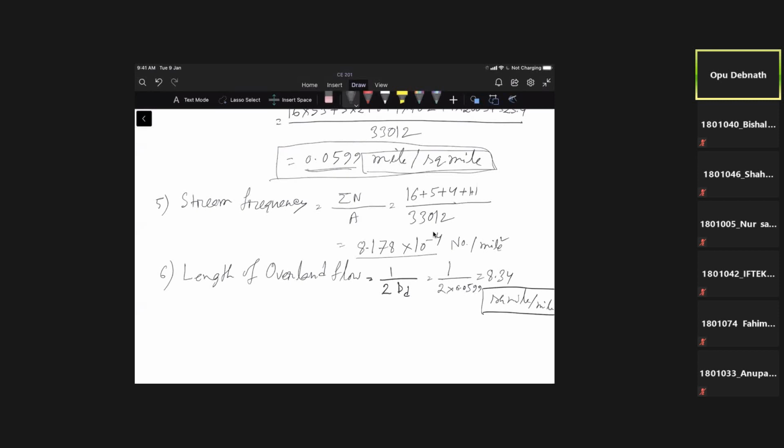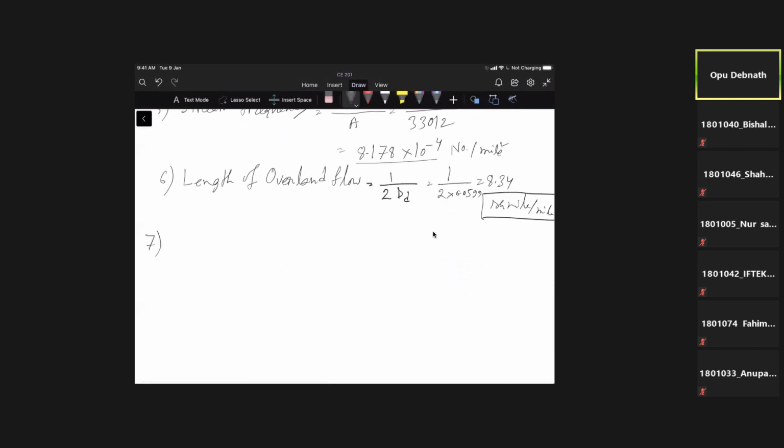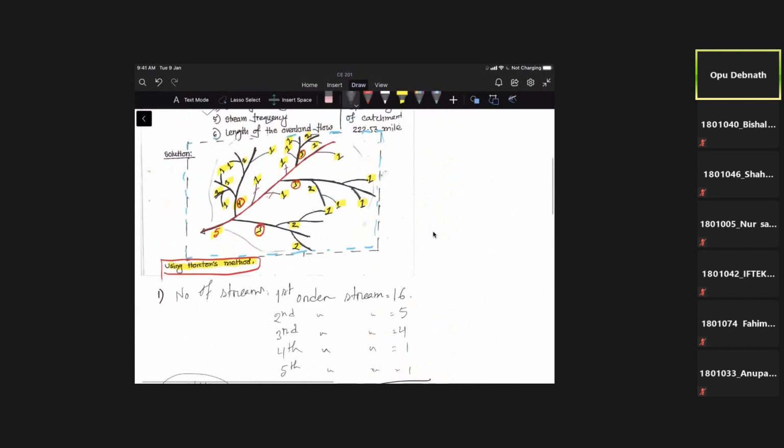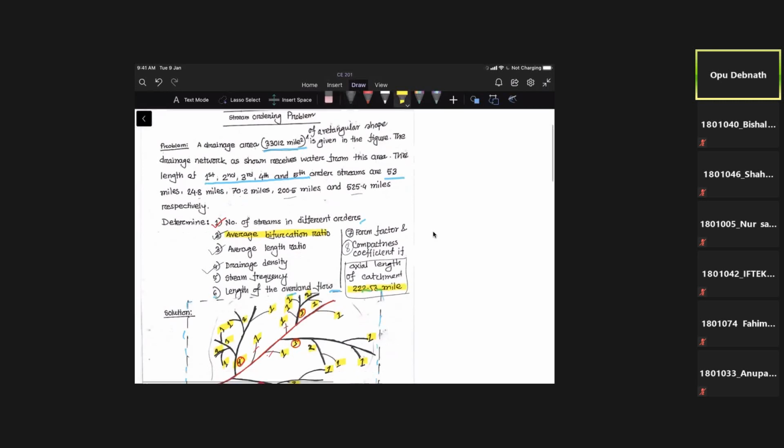Thereafter, the seventh one is the form factor. The form factor is A by L square. You know the area, 33012, and in the question you also have the axial length of the catchment.